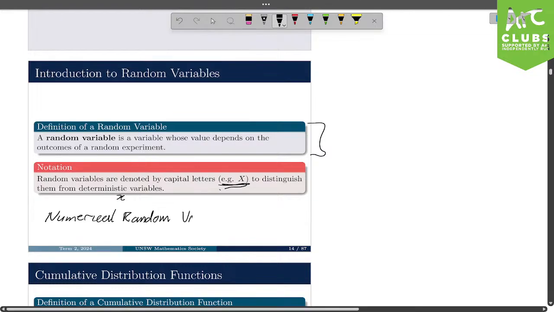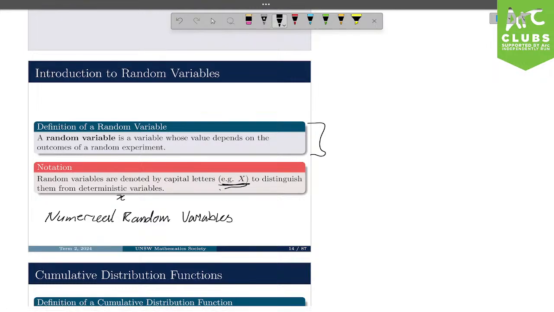For the most part in this course, you could imagine creating a variable which is not numerical. We use it sometimes in examples, so we say that X is equal to heads wins if heads wins, and X is equal to tails wins if tails wins. Those aren't numerical random variables, but for the most part in this course we will just be using numerical random variables.